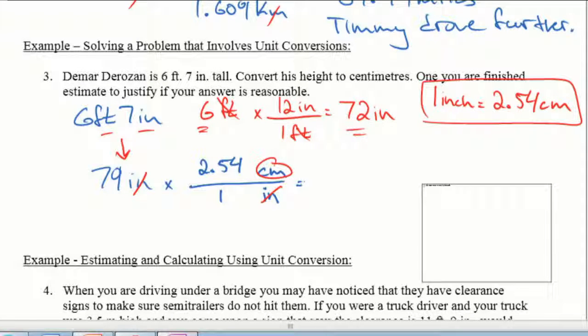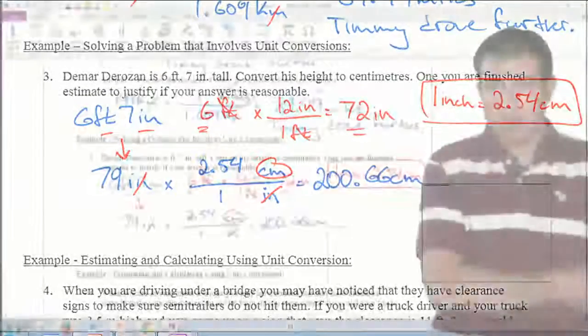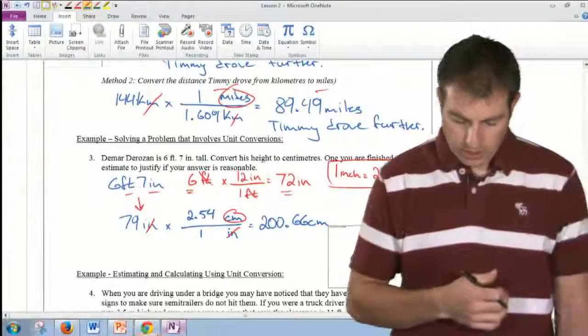So I'm just going to plug it into my calculator. 79 times 2.54. That gives me 200.66 centimeters. Now the question isn't really specific. 438, sorry.